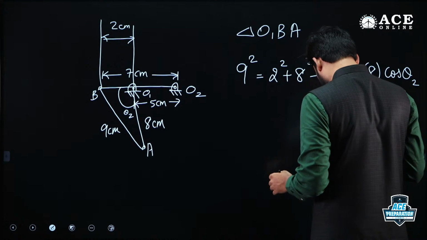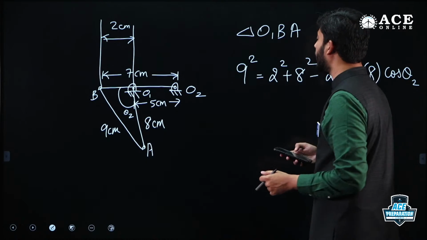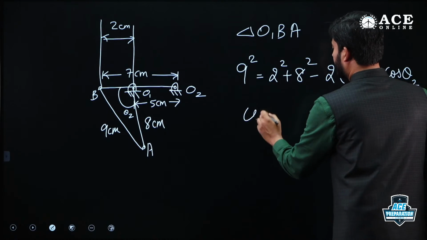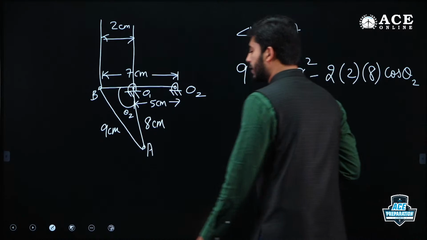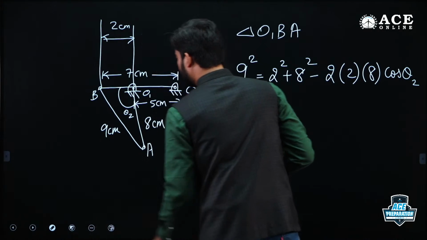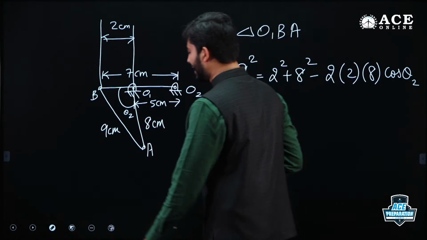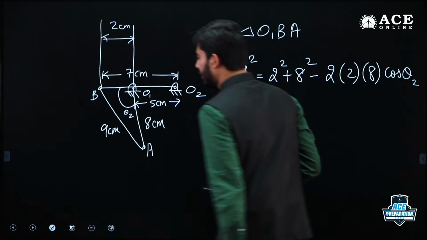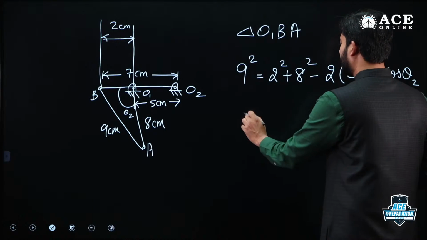So I am waiting for you guys to respond. What will be cos theta 2, or in short, what will be theta 2? I guess theta 2 will be greater than 90 for this configuration.